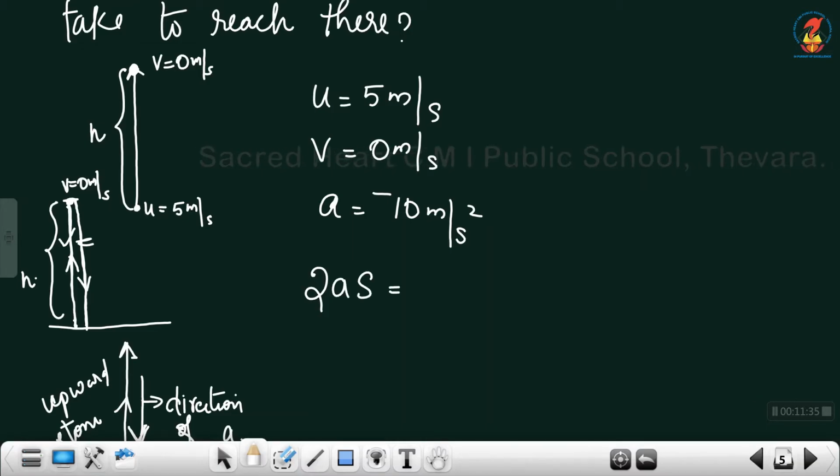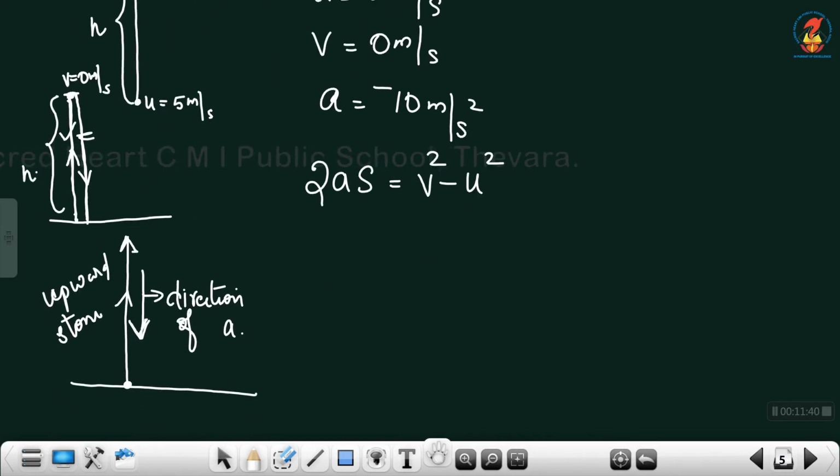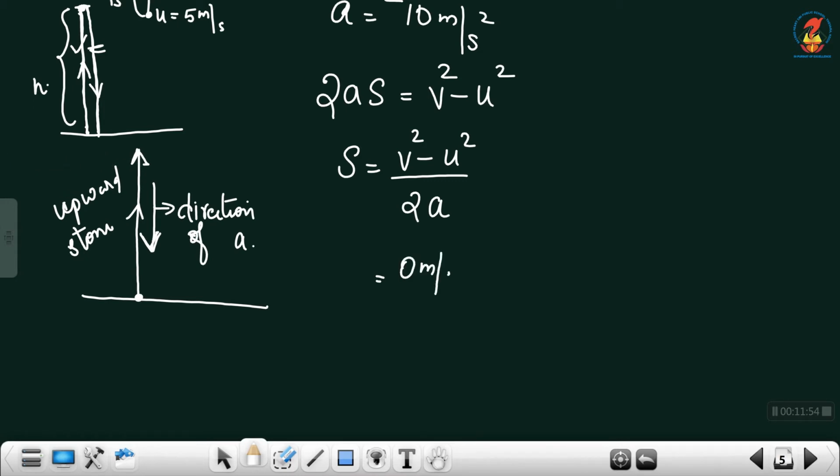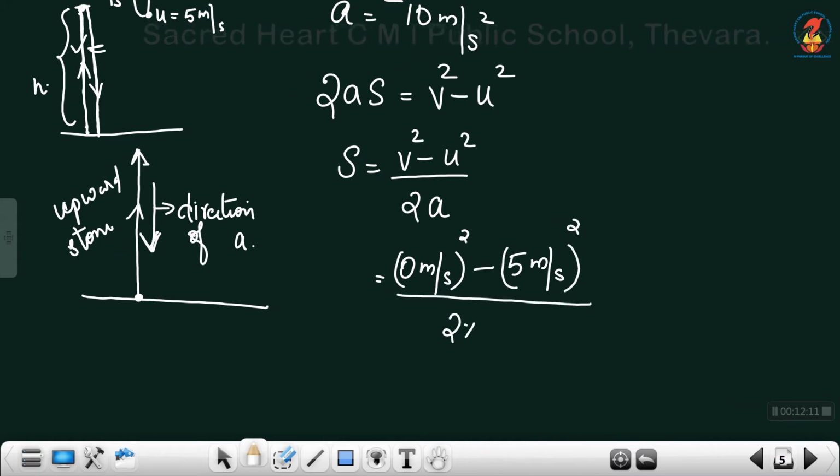First I will find the distance. 2as equal to v square minus u square, or S is equal to v square minus u square by 2a. That is 0 meter per second the whole square minus 5 meter per second square, divided by 2 into minus 10 meter per second square.